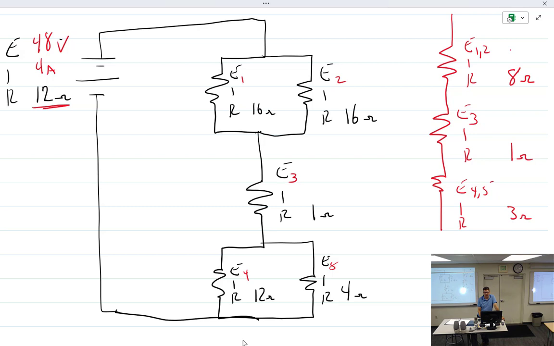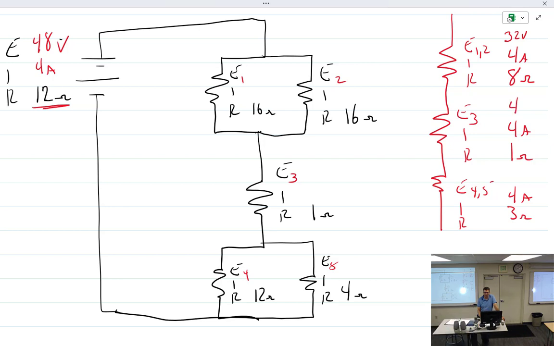If current flow is 4 amps, what's the current flow through E1 and 2? Total of 4 amps. How about 3? 4 amps. How about 4, 5? 4 amps. What's the voltage drop on 1, 2? 32. Voltage drop here, 4.